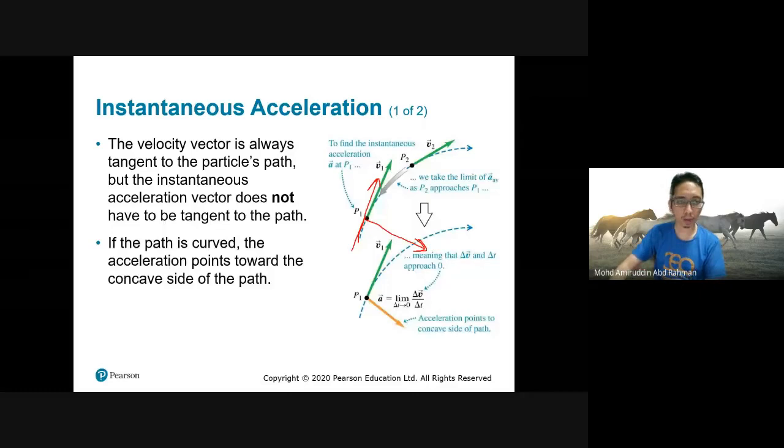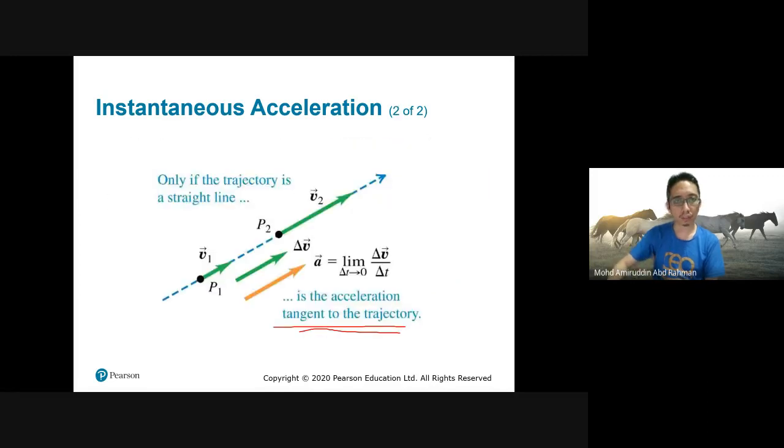For a curved path, the instantaneous acceleration is pointing inside that curve. But for the straight line, it will just follow the straight line.